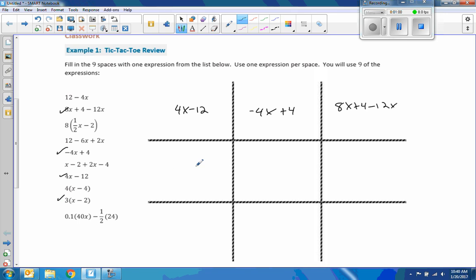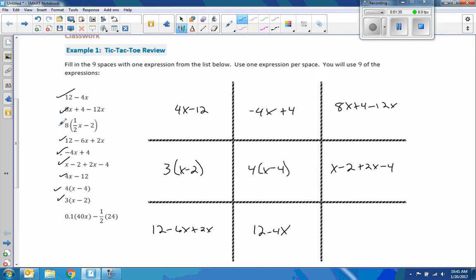And 3x minus 2, 4x minus 4. X minus 2 plus 2x minus 4. 12 minus 6x plus 2x used. 12 minus 4x. So that one's used.